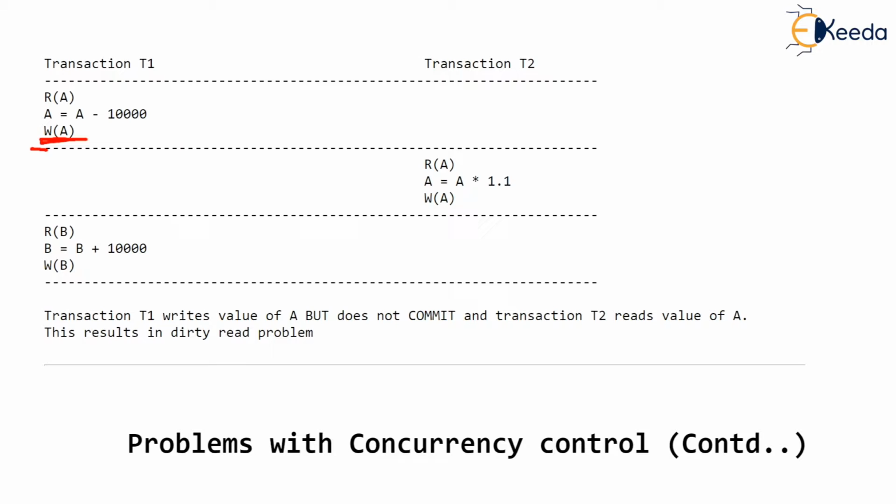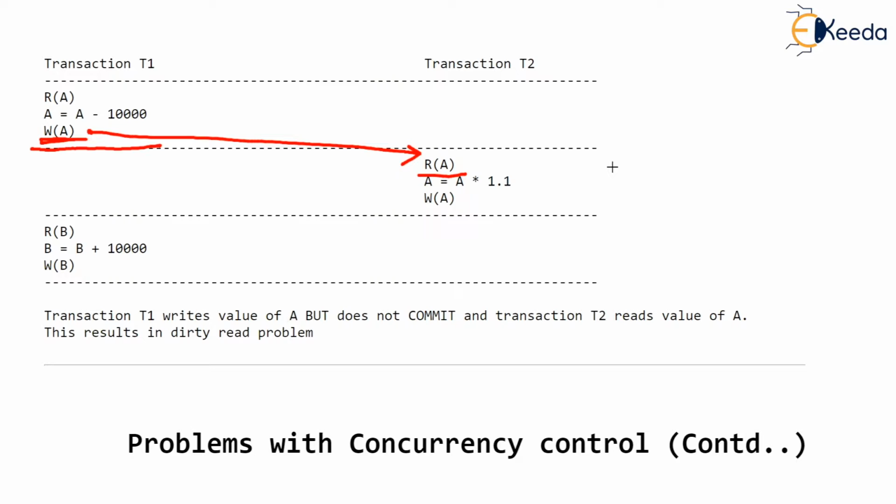And immediately after this write A operation, transaction T2 is reading the same data item A. So the dirty read problem occurs if two transactions T1 and T2 running simultaneously have a write followed by a read operation on the same data item. Same data item is very important.